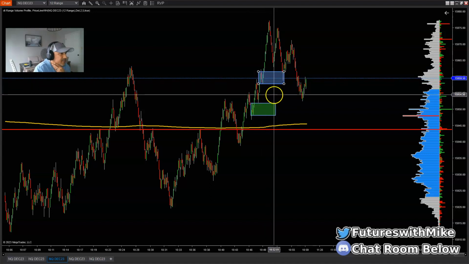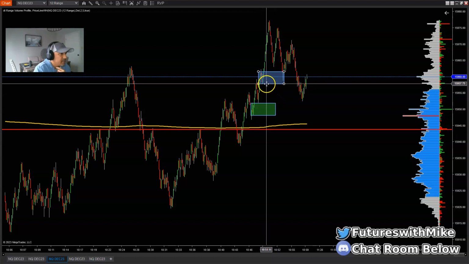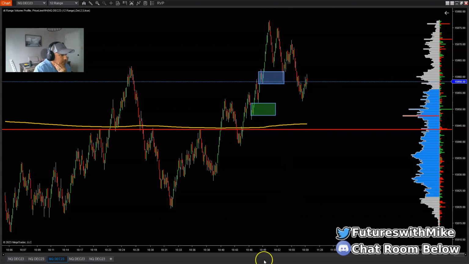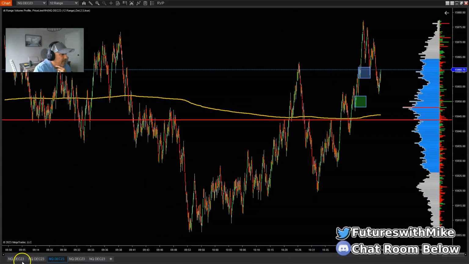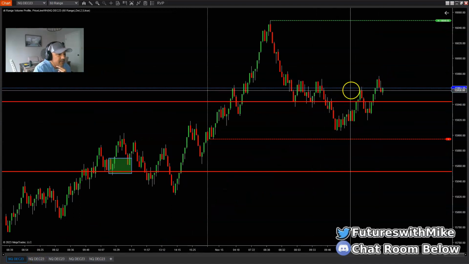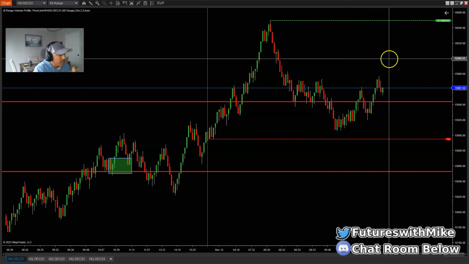So let's see what happens here. Slight area of structure right here. Just a very slight area. So the market's moving sideways. If you look at it on the higher time frame, we did get a break here, slightly above, but not a lot of push in one direction or the other.